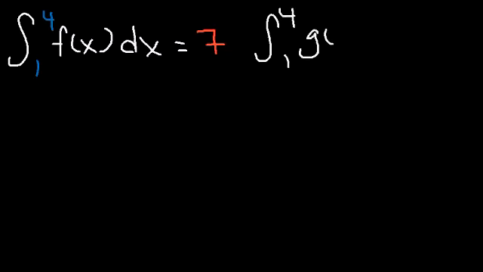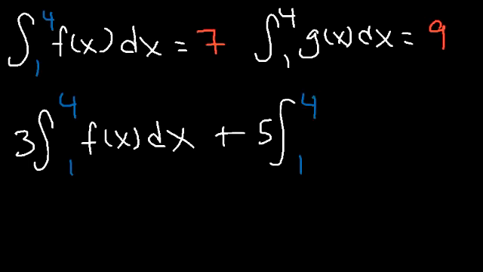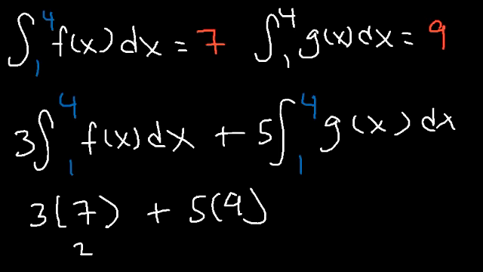What is 3 times the integral from 1 to 4 of f of x dx plus 5 times the integral from 1 to 4 of g of x dx, given these two values? To find the answer, you simply need to plug in. It's going to be 3 times 7 plus 5 times 9. So that's 21 plus 45, which is 66. And so that's all you got to do there.